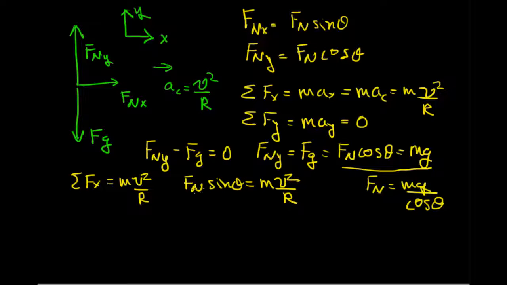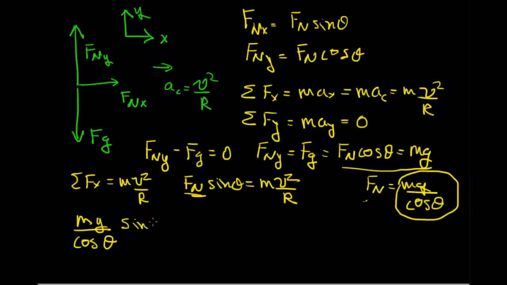And that allows me to substitute in here, and so I can say mg over cosine theta, where I've taken this quantity that I'm going to circle here and substituted in for the normal force, times sine theta is equal to mv squared over r. And now my m's cancel. Sine over cosine is tangent, and I can either solve for the angle or the velocity.